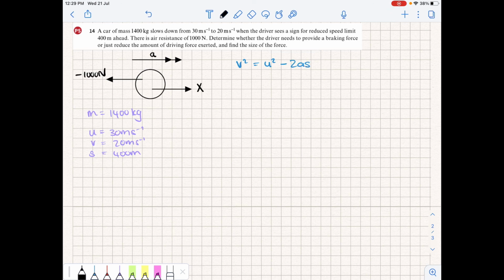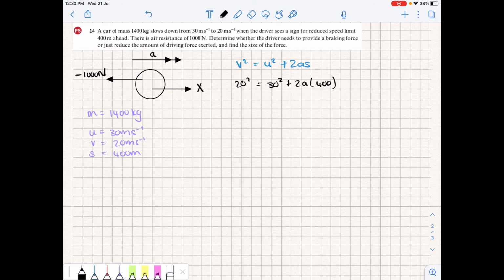From here, we just put the information that we know into the equation. 20 squared equal to 30 squared plus 2a is what we're trying to work out, and displacement of 400 meters. Okay, so we're making the assumption that the car has reduced its speed in time, and we want to determine based on that what the force would be.